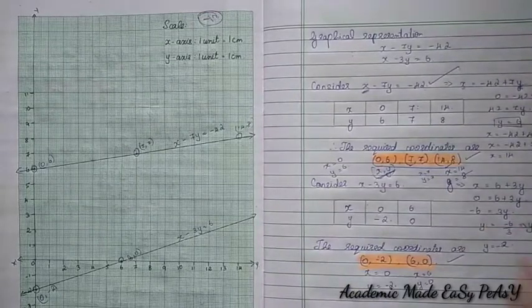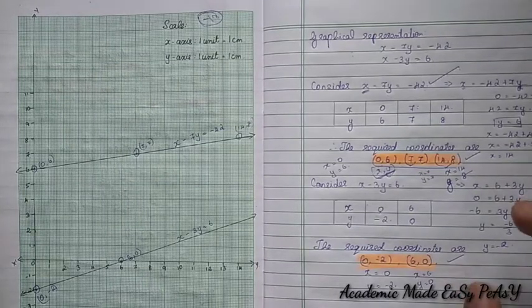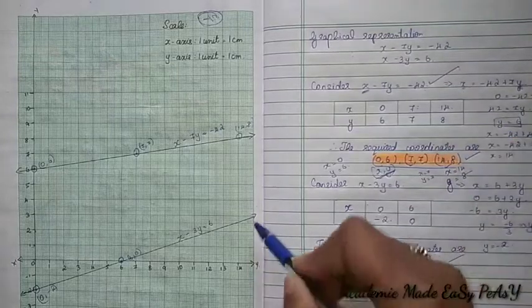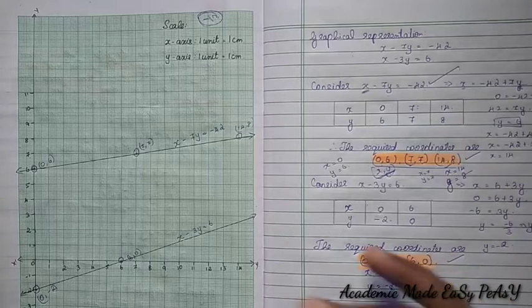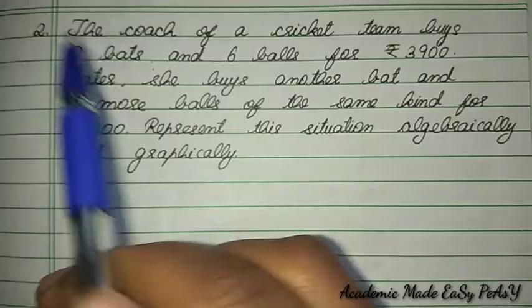So the representation of these equations by the graphical method is also over. First we did the algebraic method, that is finding the equations from the given word problems, and next from these equations we found this graph. So the algebraic method is over, as well as the graphical method.